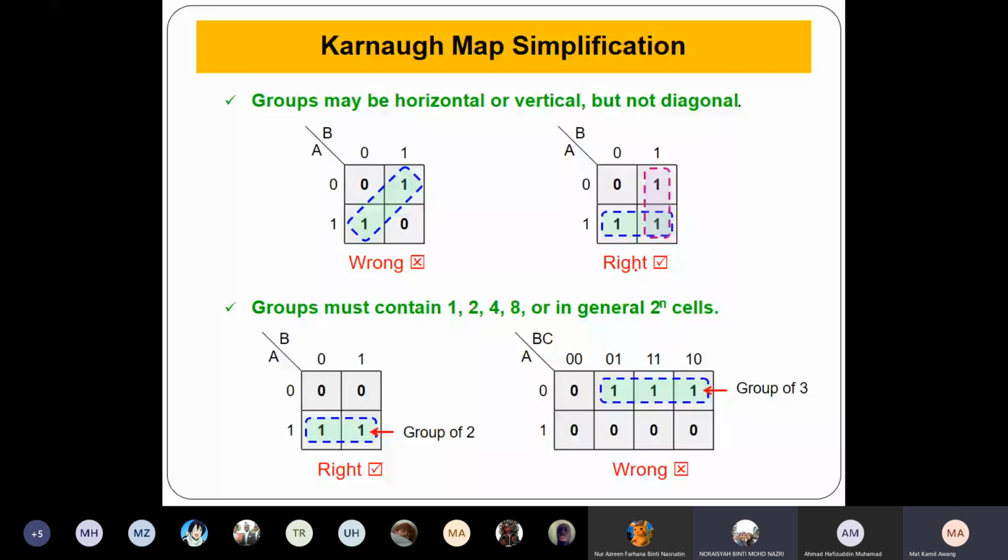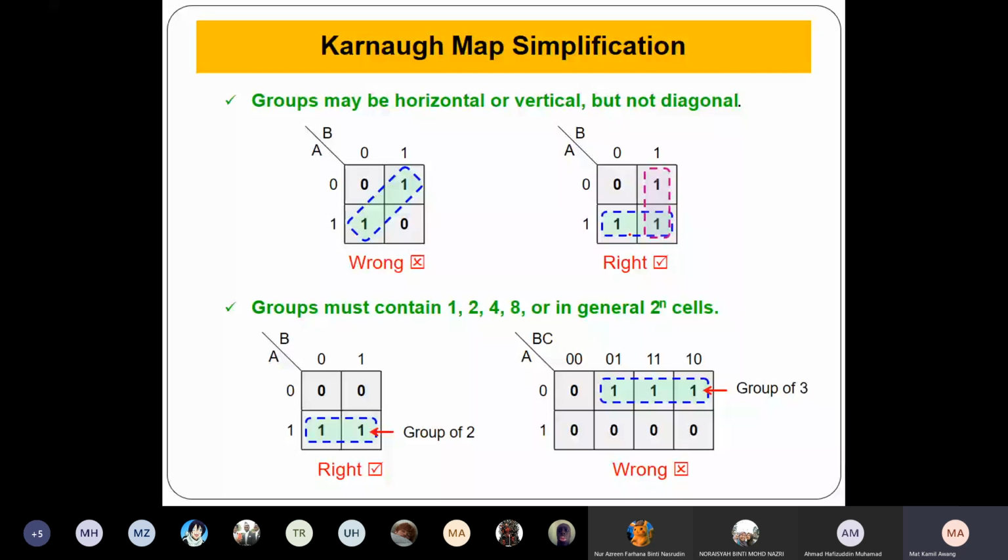The expression for this is actually A B bar plus B A bar, because this one cannot be simplified. This one you can simplify because this one is actually A B bar plus A bar B plus AB.